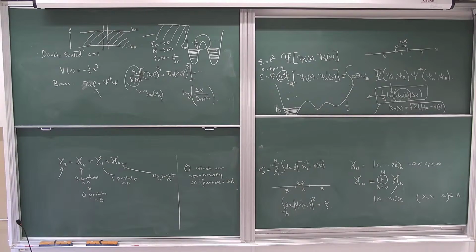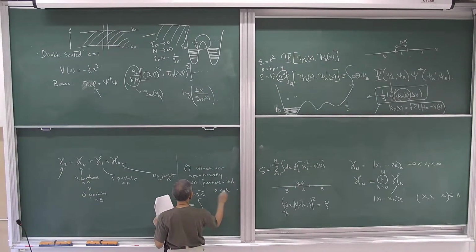Okay. Or in other words, such an operator will have the property, in this example of 2 particles, if I take this operator and write it like this, where x lies in A. So this is the example of one of the particles lying in A and the other particle lies in B. Right.